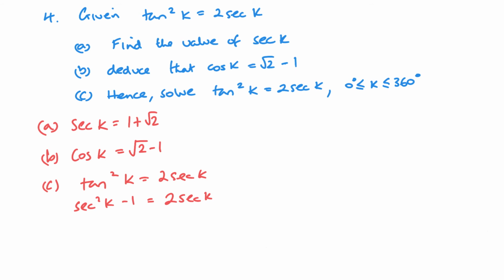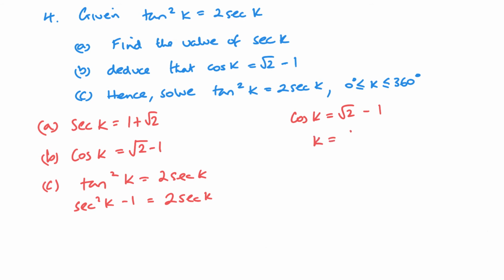And then from A to get to B, we converted it. So all we need to do is simply start with B. Cos k equals root 2 minus 1. Okay, and solve that for k.